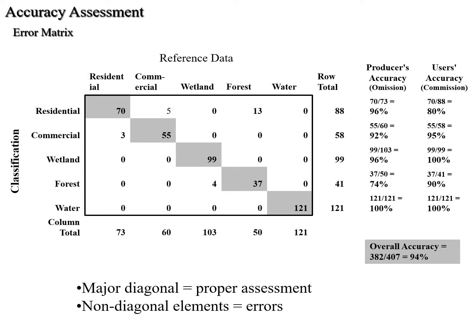And so on and so forth, okay? Anything that doesn't fall on this diagonal is an error. You know, that is, we have 3 points that were classified as commercial, but the remote sensing prediction tells us that it was residential. So that's an error.